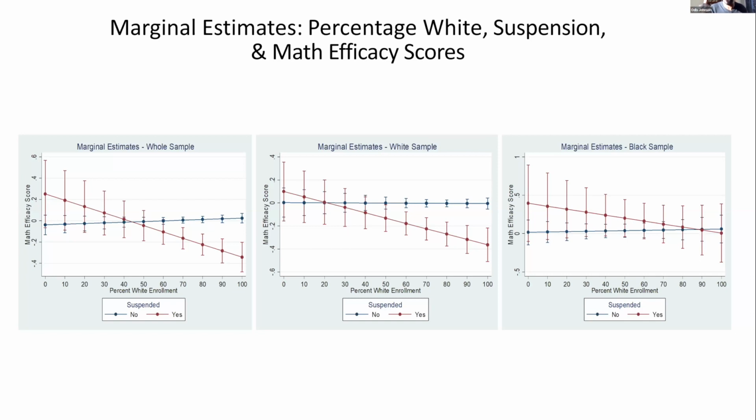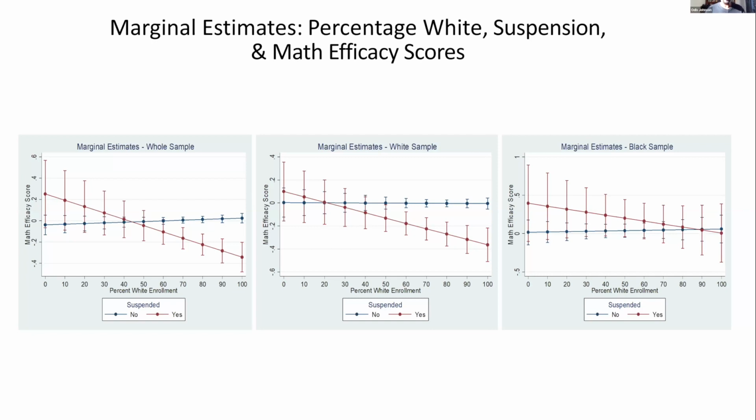I hate to use higher drop off, but the difference is bigger. Black sample, far right, we actually see that the efficacy scores of those who have been suspended is pretty high. And that by the end of the transition from no white kids in the school to 100% white kids in school, it does fall, but it isn't significant.